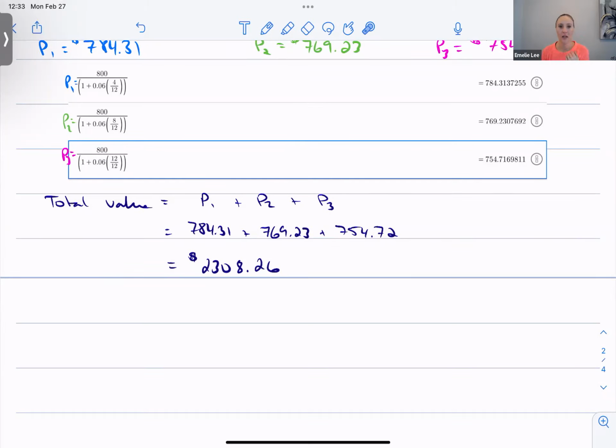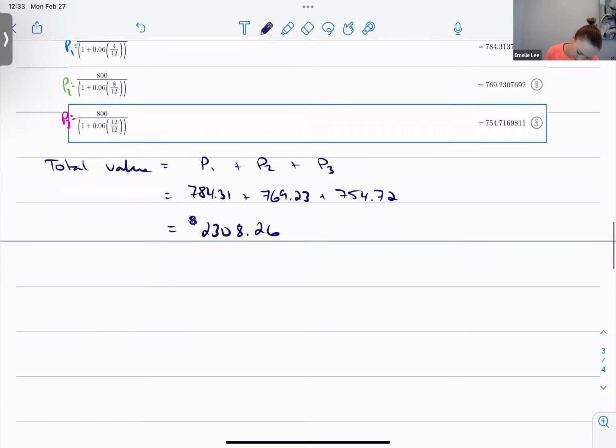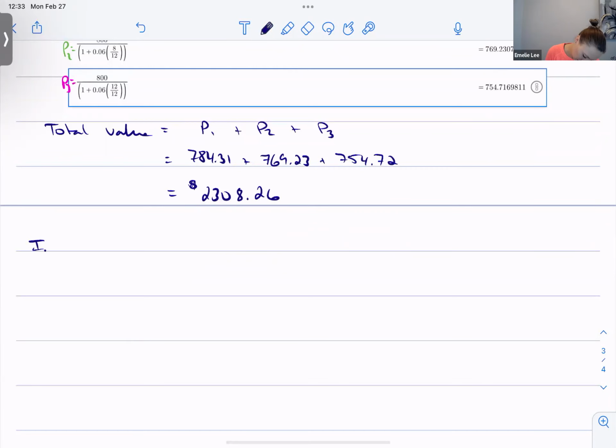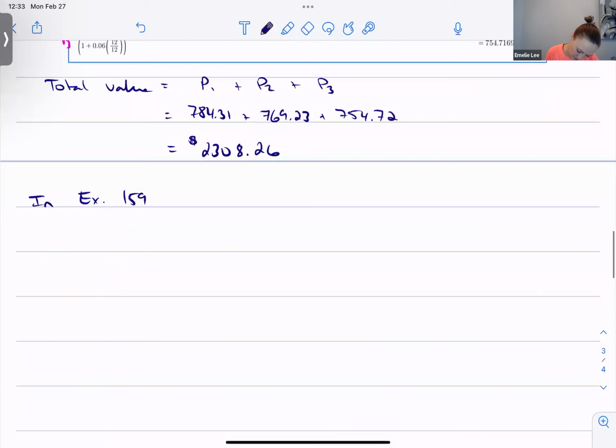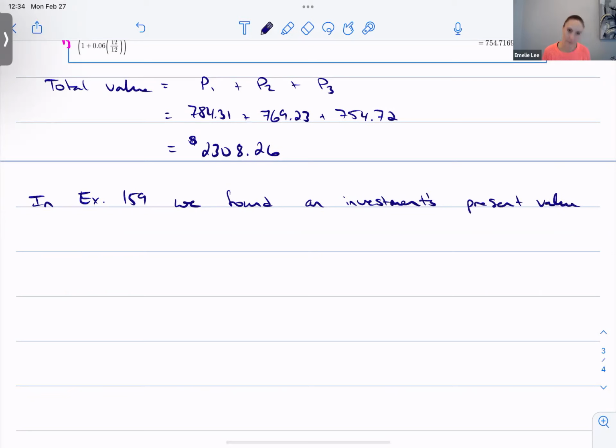So what we did here is called discounting, right? When we draw things back to its present value, that's called discounting. Okay. So in the example, we found an investment's present value, which is called discounting.